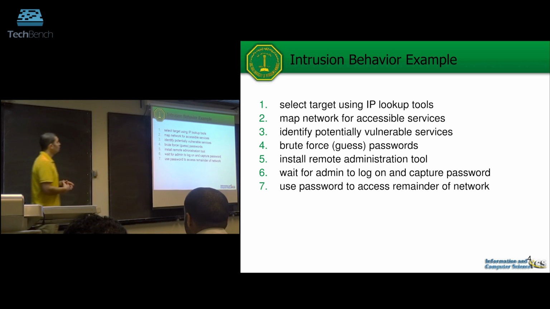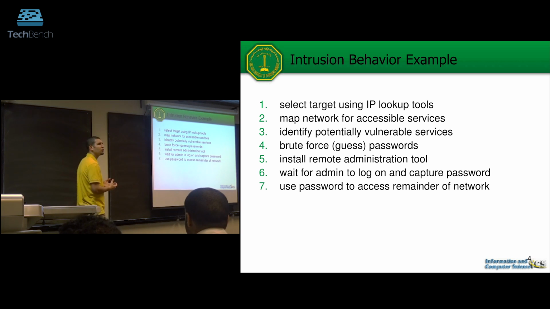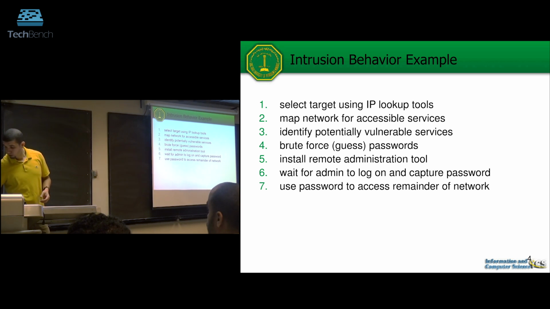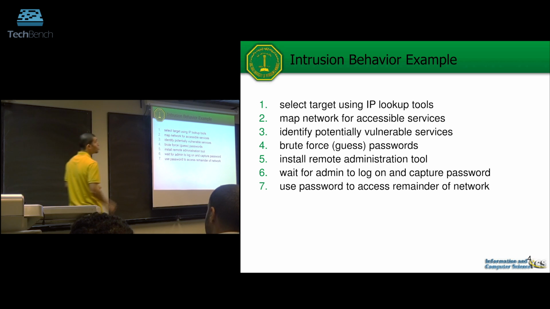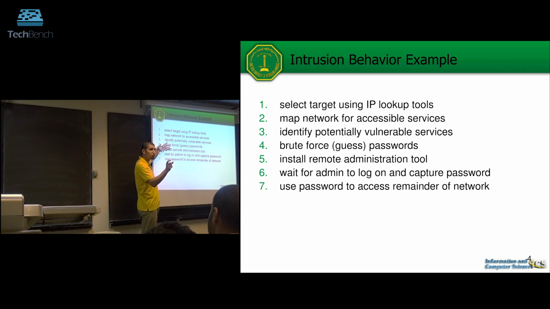All these are about detection. These are common behaviors of intrusions that can be used for detection. For example, in an intrusion detection system, you have a signature for almost each one of these. A signature, a pattern.